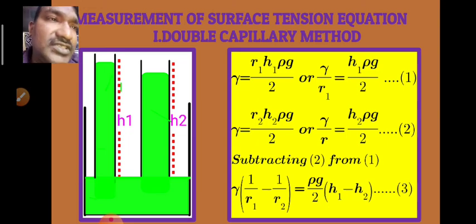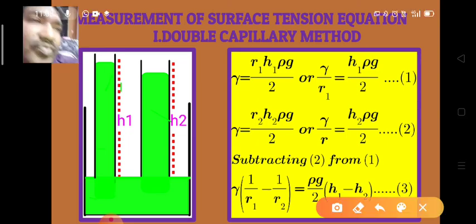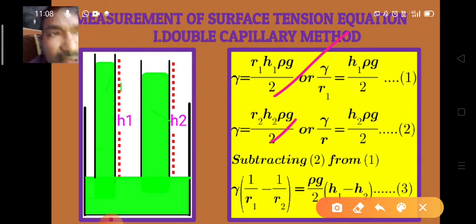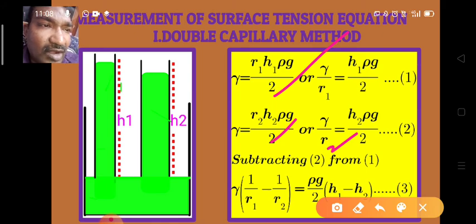So this is equation 1 and this is equation 2. From equation 1 we get gamma by r1 is equal to h1 rho g by 2, and from equation 2 we get gamma by r2 is equal to h2 rho g by 2. If you subtract equation 2 from 1, we get gamma into (1 by r1 minus 1 by r2) is equal to rho g by 2 into (h1 minus h2).